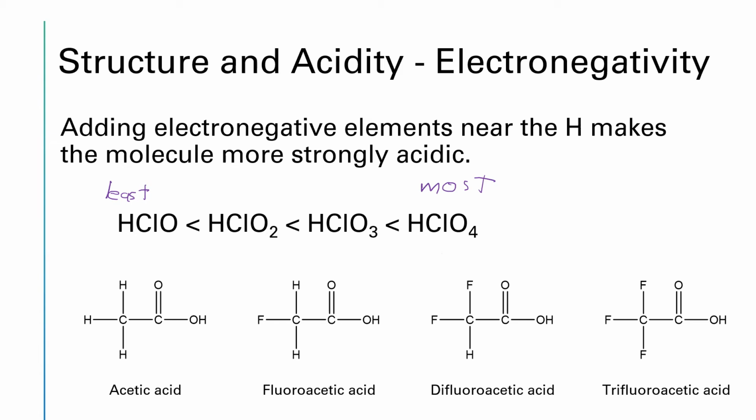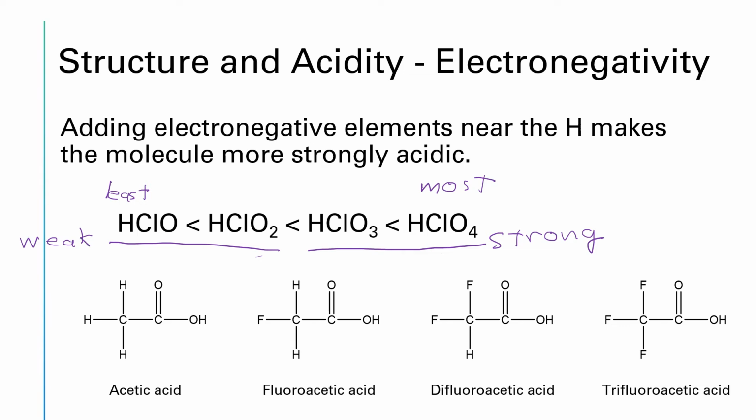So having 4 oxygens withdrawing electrons in HClO4 makes it really pretty acidic, and having just a single one in HClO makes it less acidic. Also note that both HClO3 and HClO4 are strong acids, whereas HClO2 and HClO are weak acids.